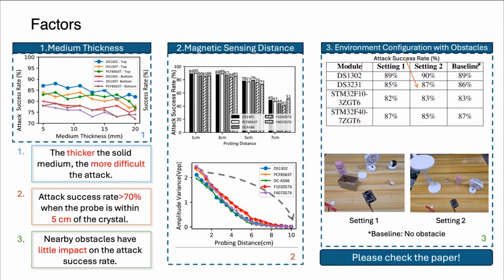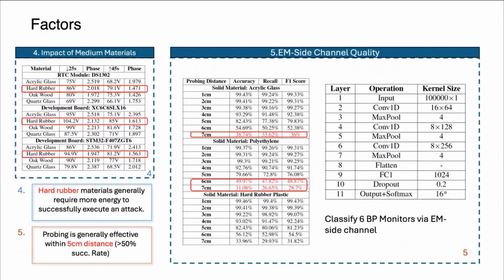The attack success rate is over 70% when the probe is within 5 centimeters of the crystal. Then, with obstacles and clutter, we found that nearby obstacles have little impact on the attack success rate. For the details, please check the paper.